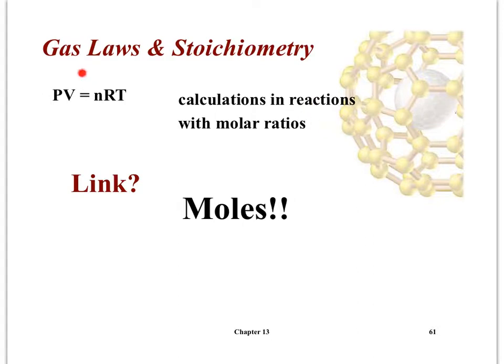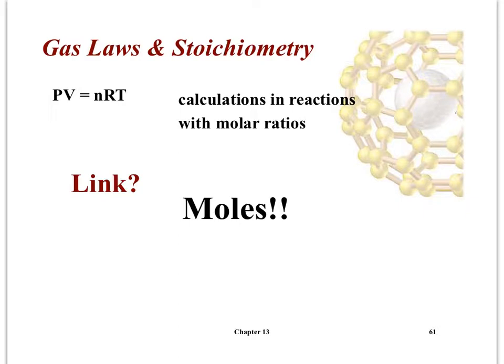Or the other option would be to use stoichiometry to get to moles of gas, and then once we have the moles of the gas, we can plug it into PV equals nRT to find the pressure, the volume, or the temperature of that gas.